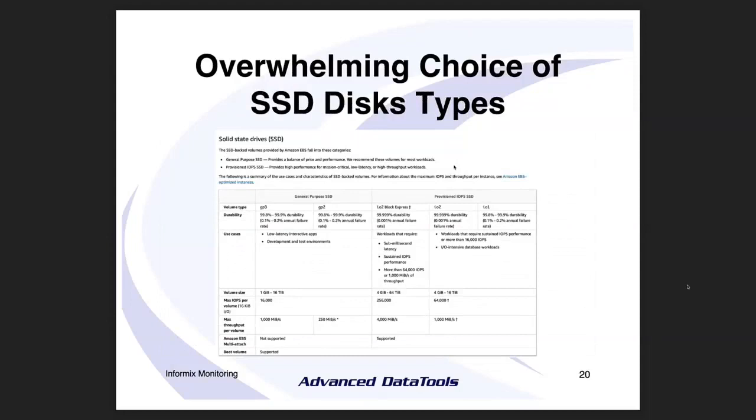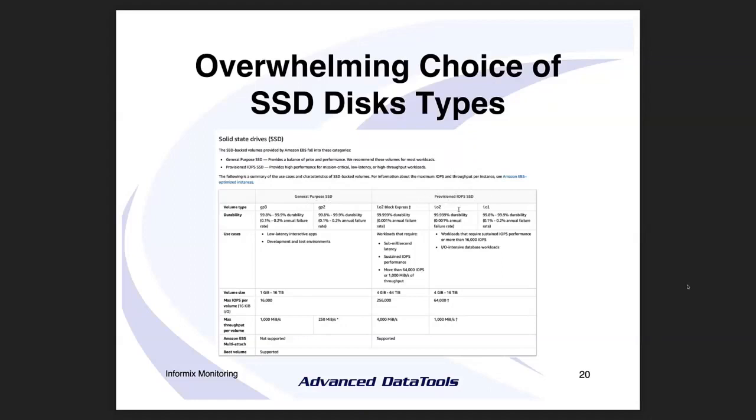The other real overwhelming choice is on disk drives. I wanted SSD disk drives because that was what I was using in my training servers. I wanted fast reliability of SSD disk drives. And there are basically 2 types of SSDs that Amazon has: general purpose SSDs and provisioned IOPS SSDs.